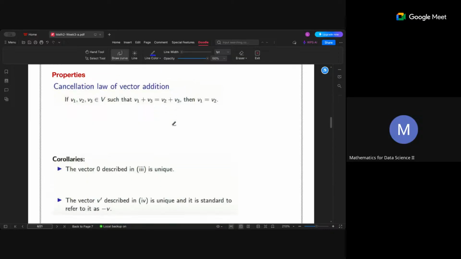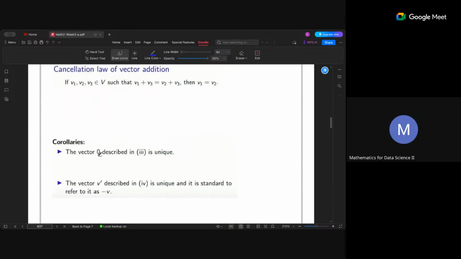And as I already mentioned, the additive identity, the 0 means the additive identity here. Additive identity is unique. And the additive inverse is unique. So usually it is referred to as minus v. Fine.